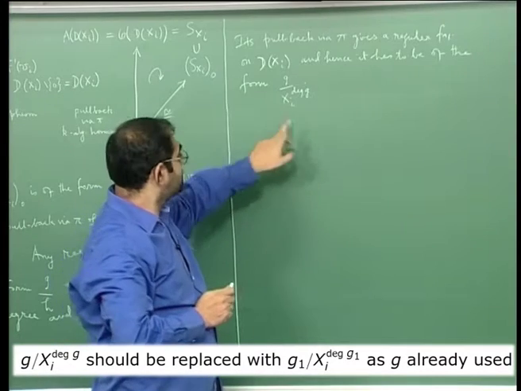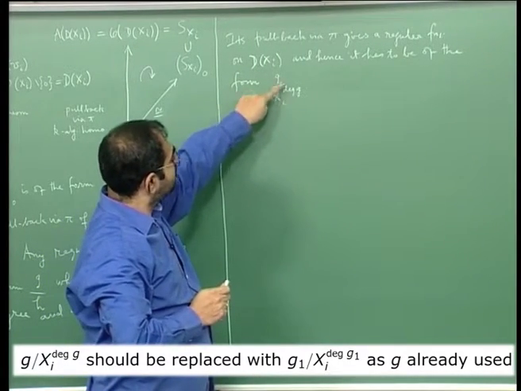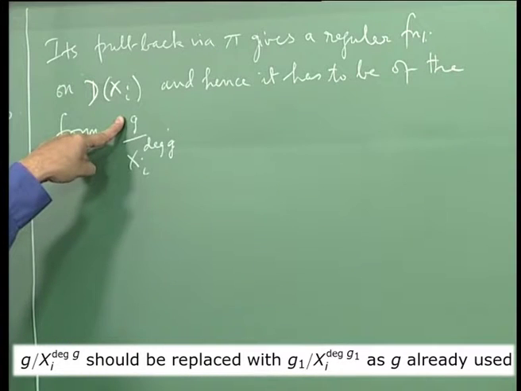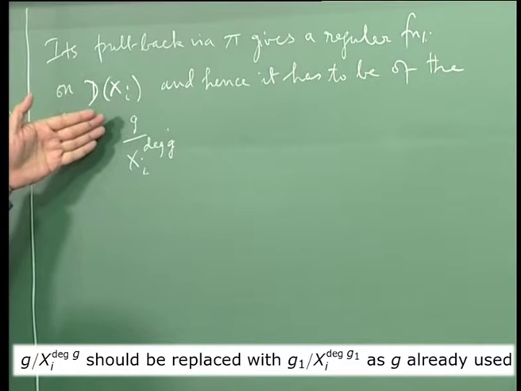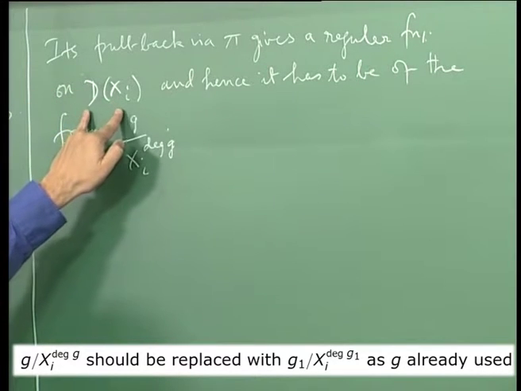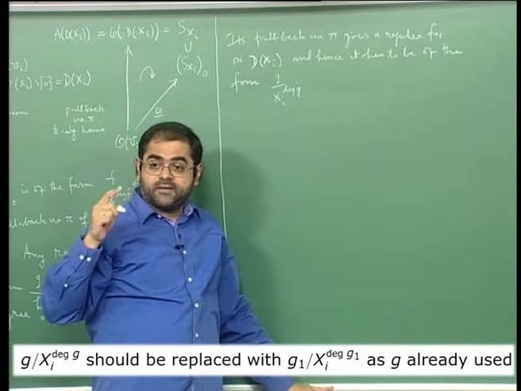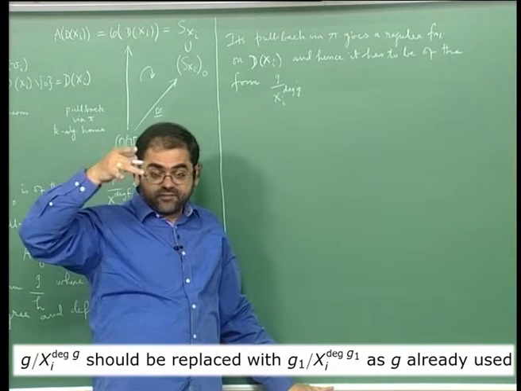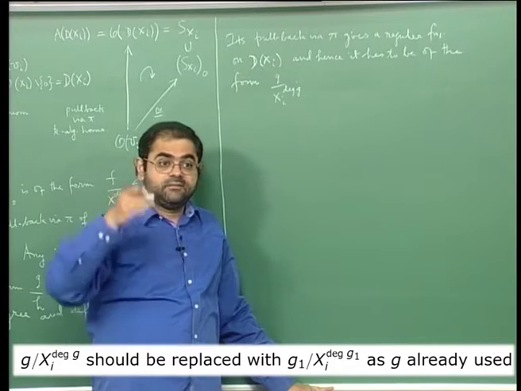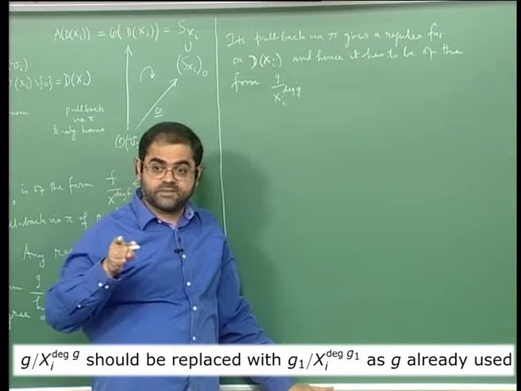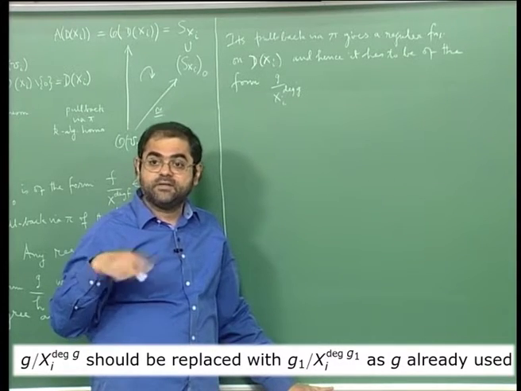If they go down to a function on projective space, the power of xi below should be equal to the homogeneous degree of the polynomial above. Any regular function on D(xi) will look like some f by some power of xi, but if it has to go down to a function on projective space, then the numerator polynomial f has to be homogeneous and the denominator will be a power of xi, the power being equal to the degree of the numerator polynomial.